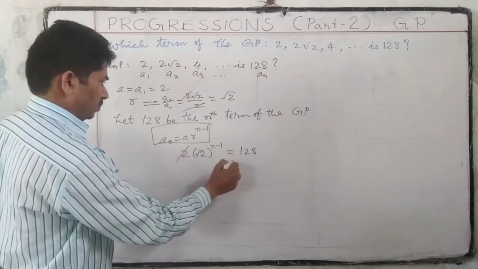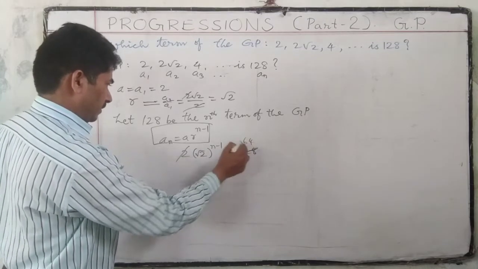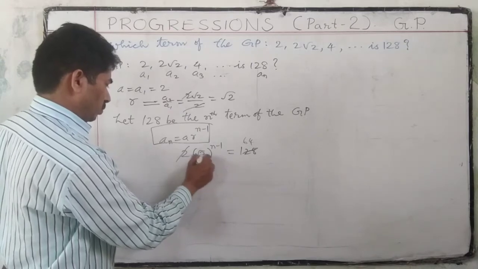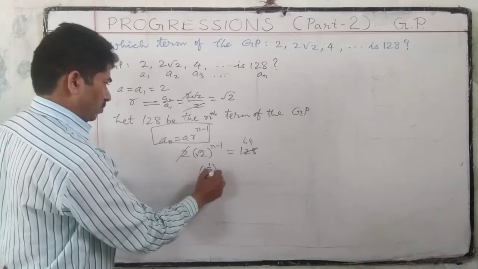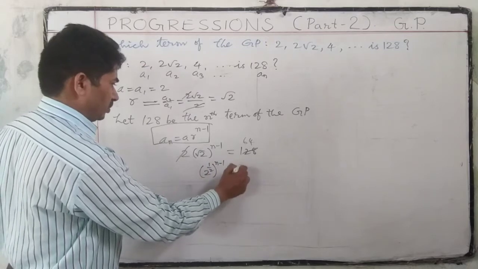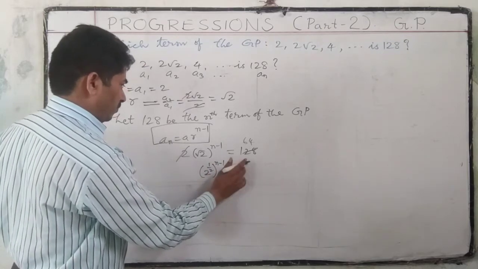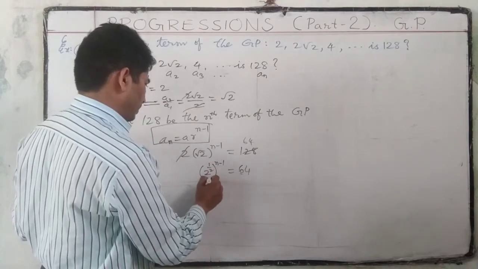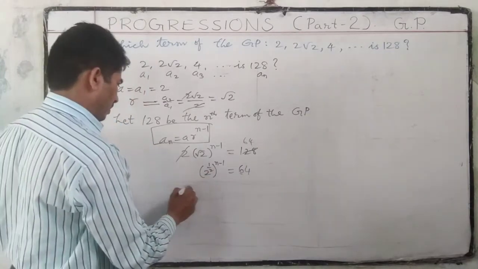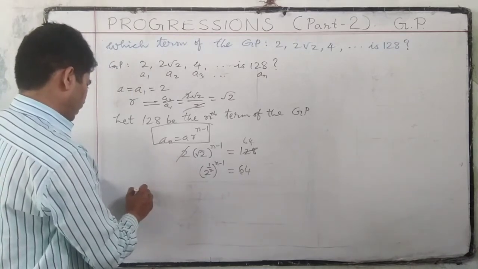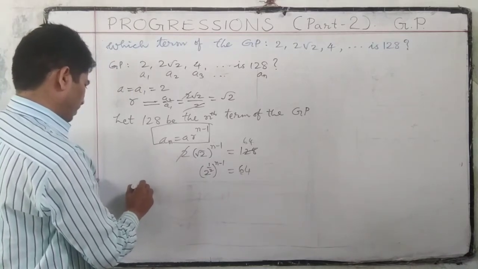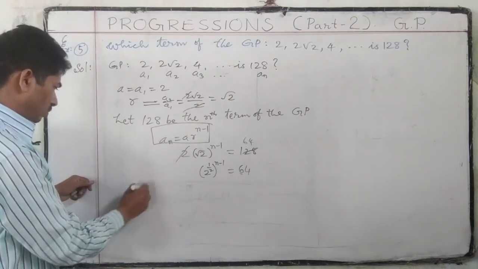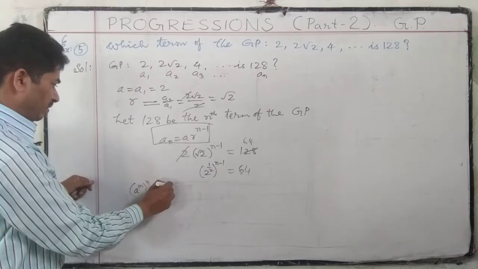So 2 to the power of 1 by 2, root 2 to the power of 1 by 2, whole to the power of n minus 1 is equal to 64. It is in the form of a to the power of m whole to the power of n is equal to a to the power of mn.